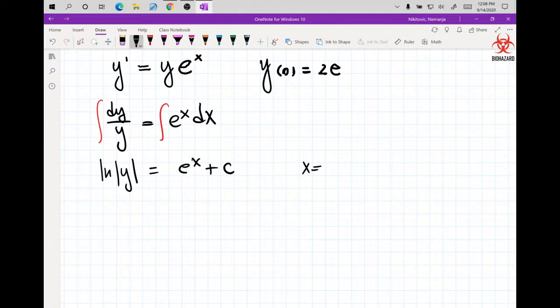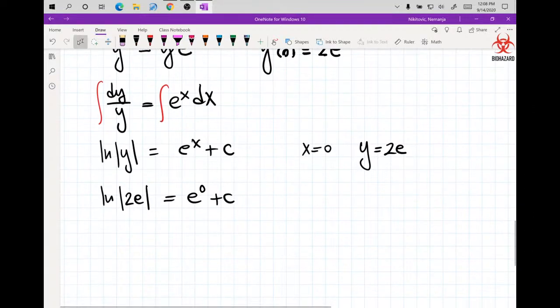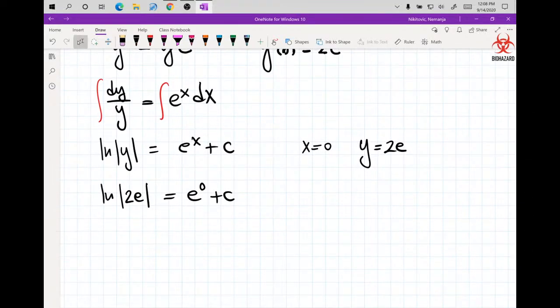Then x equals 0, y equals 2e. Plug in. So that's ln of 2e is e to the 0 plus c. And is it 2e on the thing? Yeah, 2e. Good.